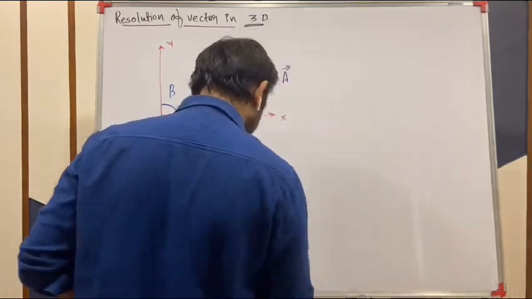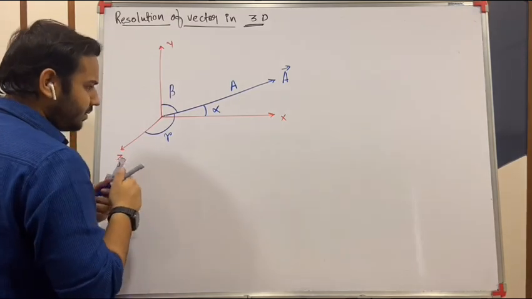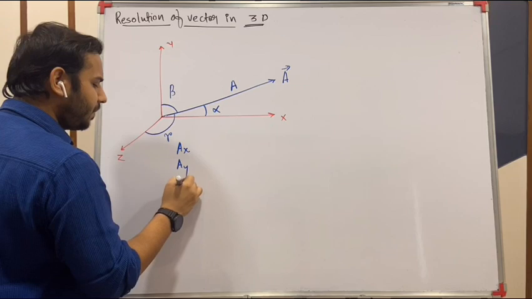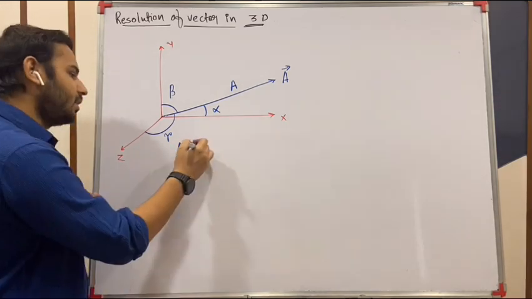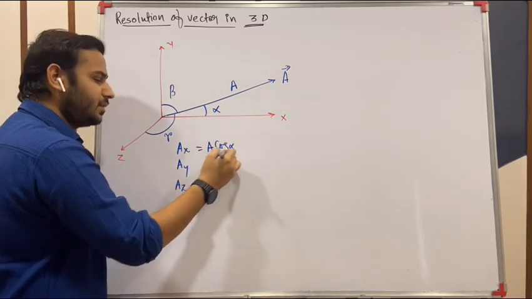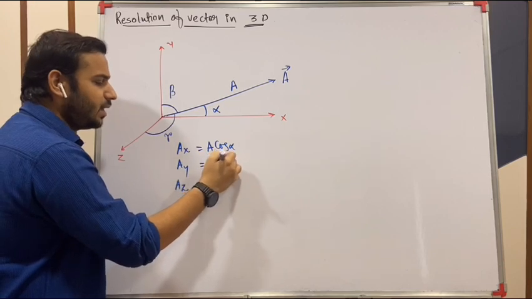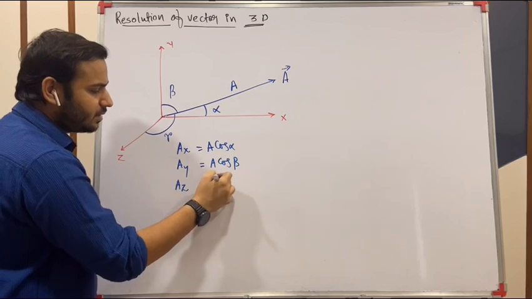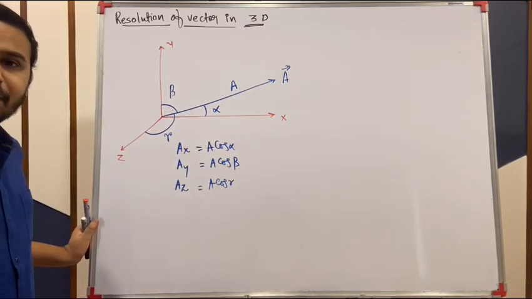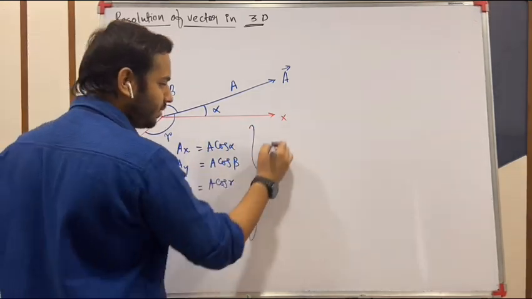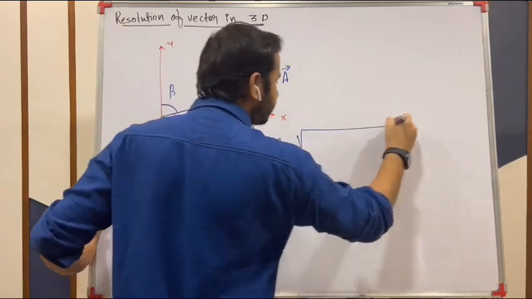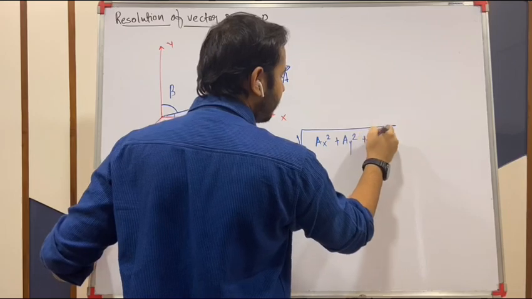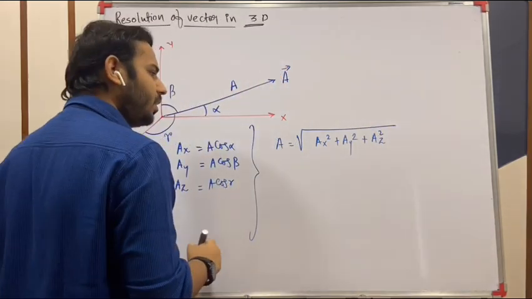Now, 3 components: ax, ay, az. Ax is a cos alpha, ay is a cos beta, and az is a cos gamma. Understood? And magnitude of a is ax square plus ay square plus az square.